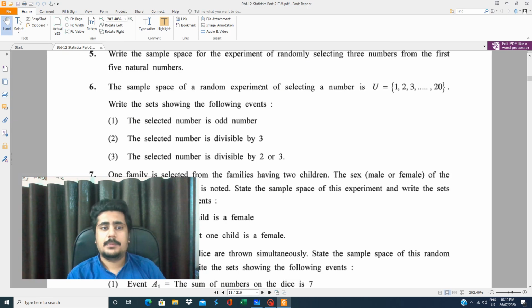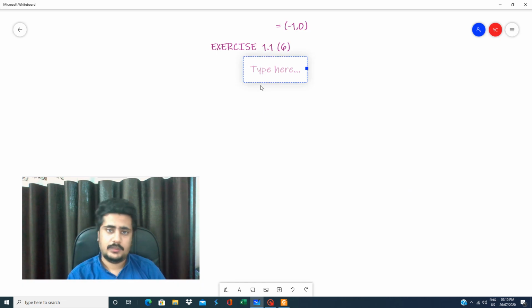The sample space of the random experiment of selecting a number: U is 1, 2, 3, 4, up to 20.